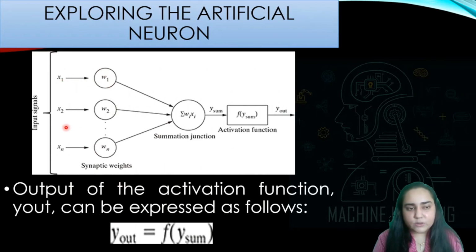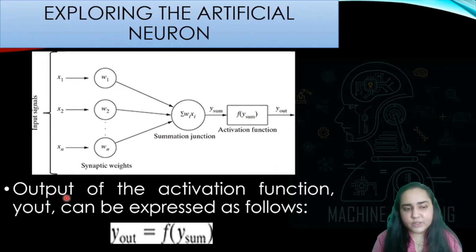These are the input signals x1, x2, and up to xn. Whatever is gathered here is converted into a sum. Everything is added, and an activation function is applied. It's going to check if this sum meets a threshold value, a limit, or not. If it's going beyond the limit, then an output signal is generated. So that's how this artificial neuron works.